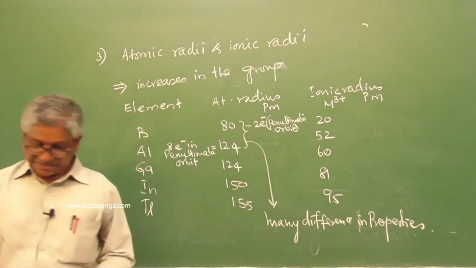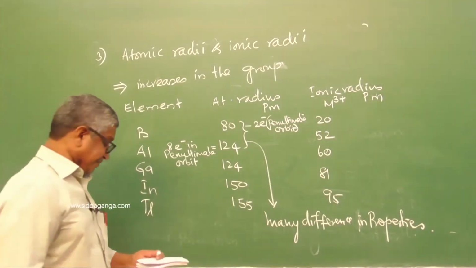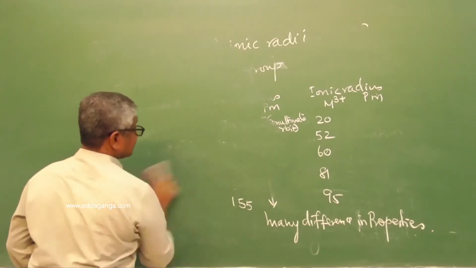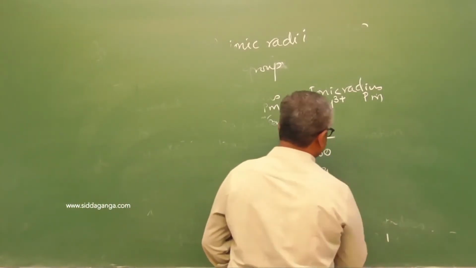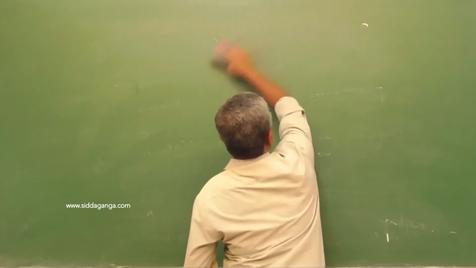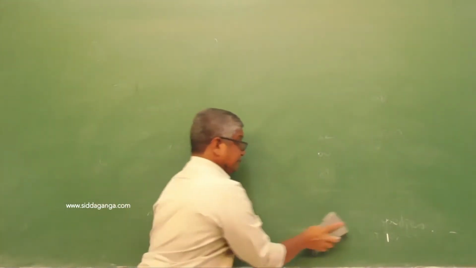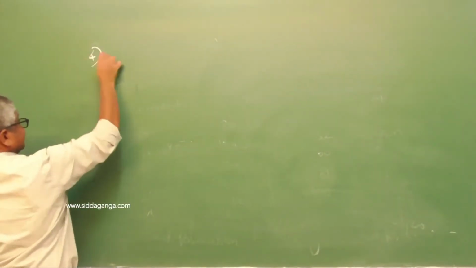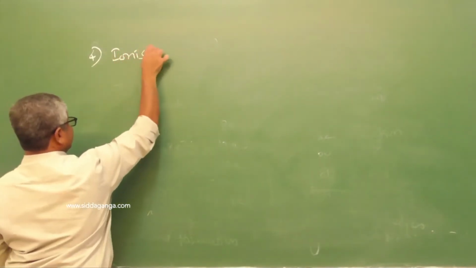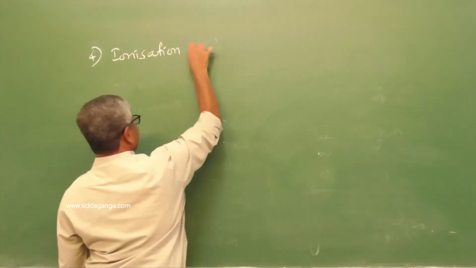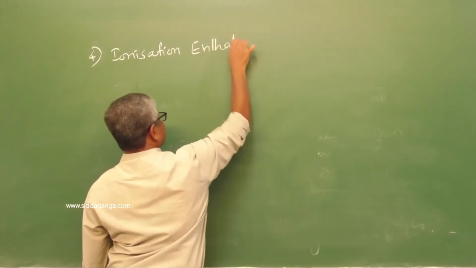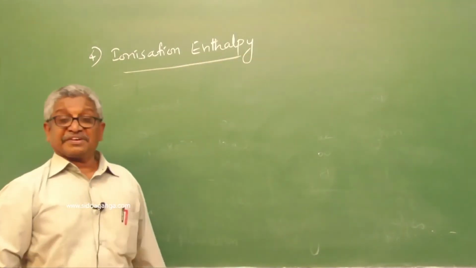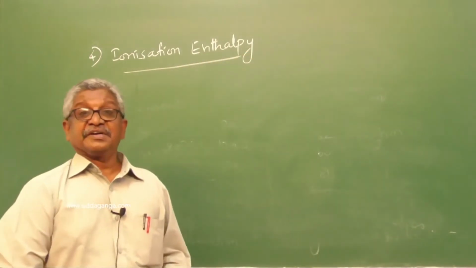The next one is ionization enthalpy or ionization energy, the fourth one. This we have seen in the s block also. What is ionization enthalpy?